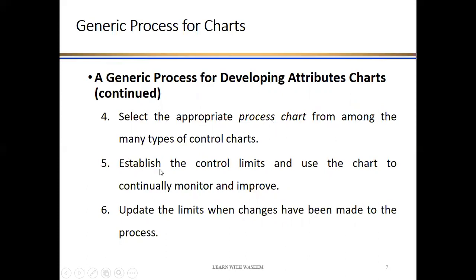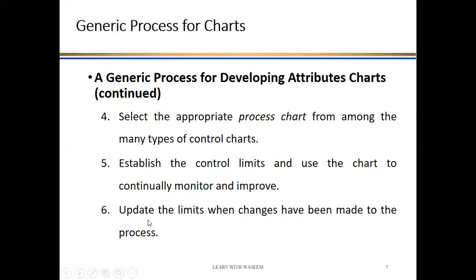In step 5, we have to establish the control limits, okay, and use the chart to continually monitor and improve. Then we will have to identify whether it is within the control limits or out of the control limit. If it is out of the control limit, we have to make some changes. We have to continuously improve it and make the process more ideal.